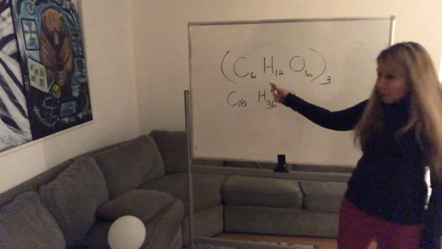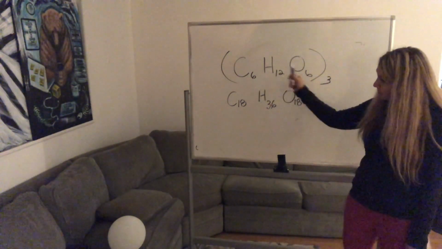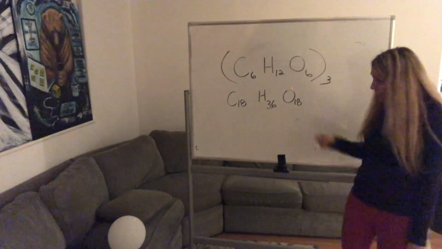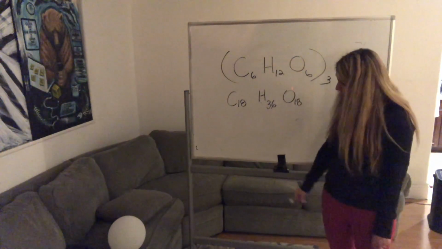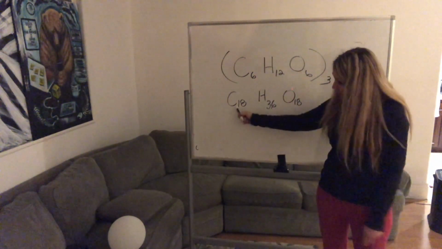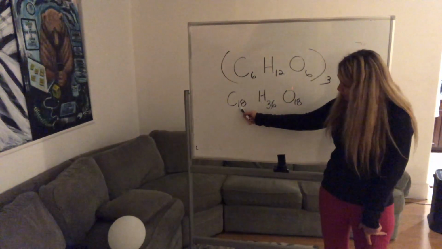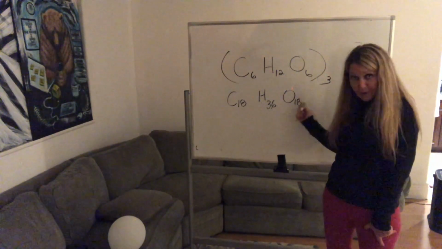So in 3 molecules of glucose, or 3 compounds of glucose, I would have 18 carbon, 36 hydrogen, 18 oxygen.